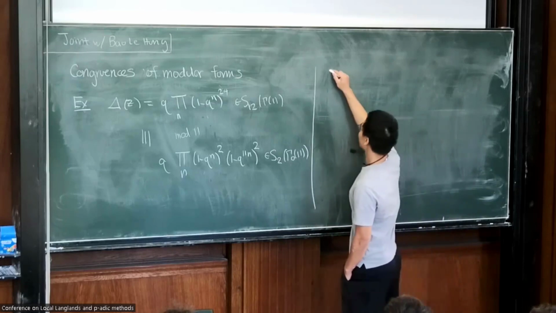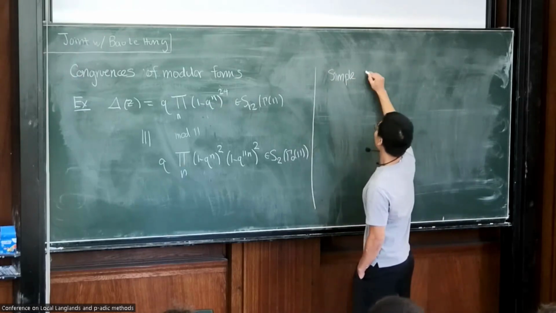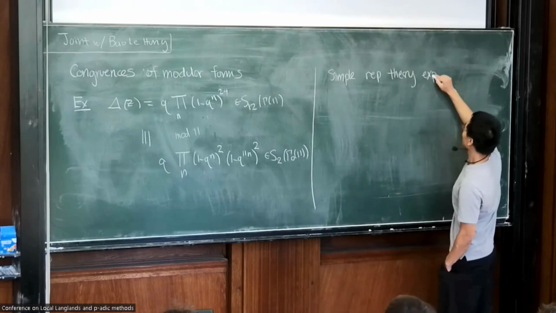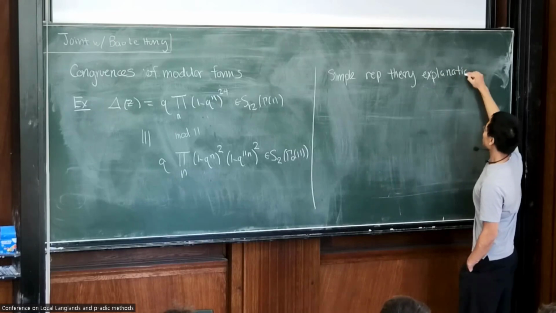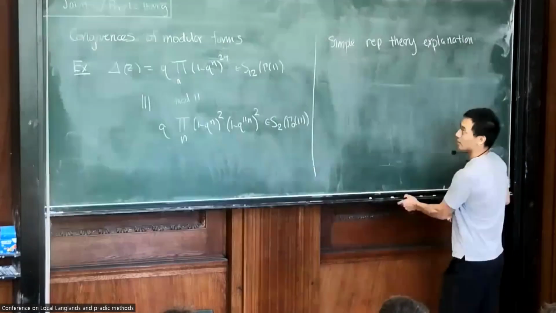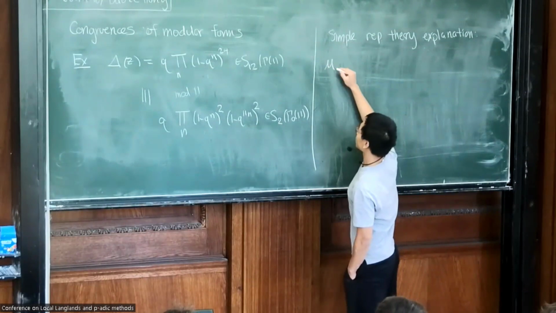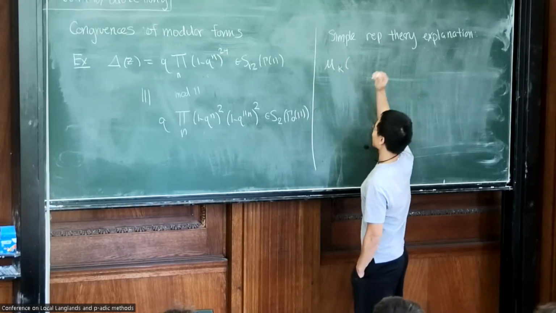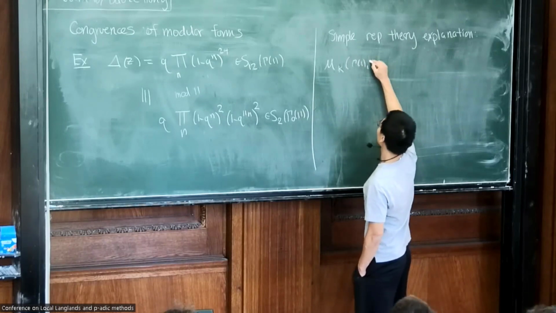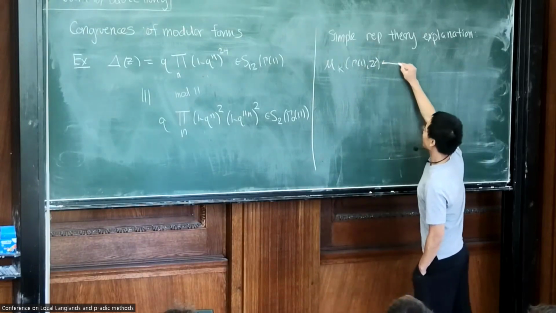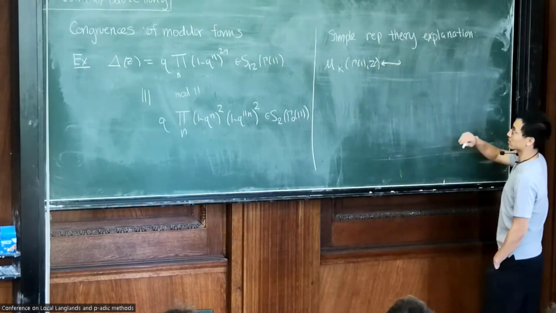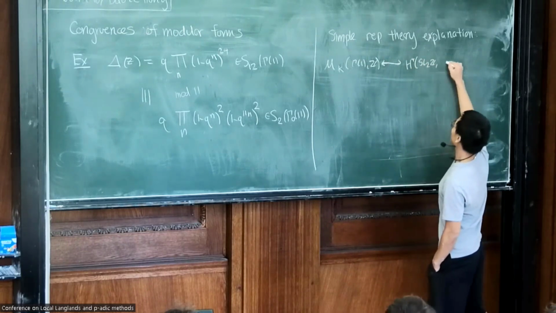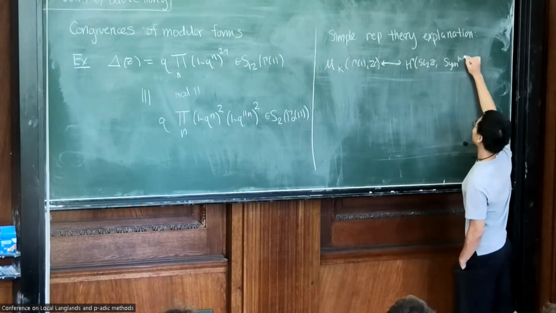So actually this thing has a simple rep theory explanation. And so we know that we can think of modular forms kind of in general of weight k, let's say just level 1, so gamma 1, Z. We know that the Hecke eigenforms which appear here, their Hecke eigensystems are incarnated in some kind of cohomology, Sym^(k-2) of the standard representation.